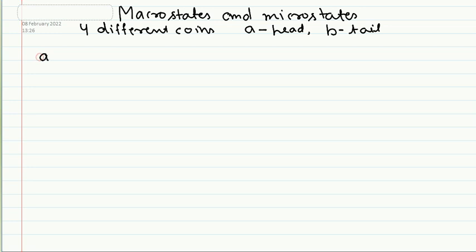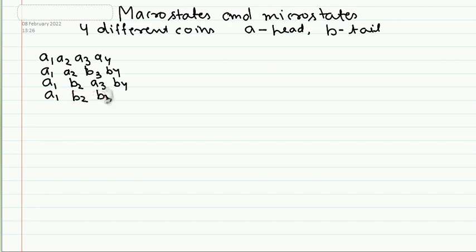So these are the 4 heads, A1, A2, A3, A4, and then we have the 2 heads. So A1, A2 and B3, B4, and then A1, B2, A3, B4, 2 heads. Here it is 4 heads, now it is 2 heads. Then A1, B2, B3 and A4.